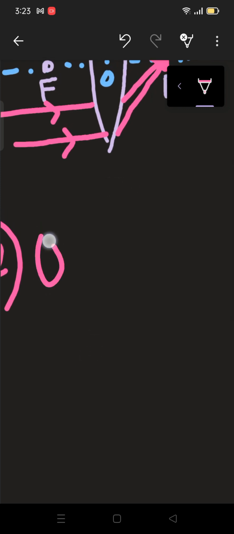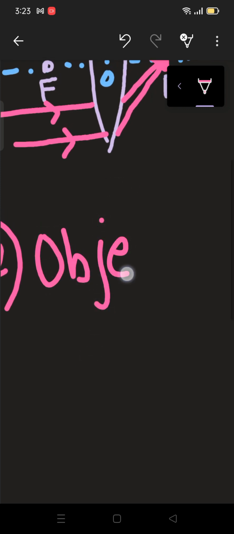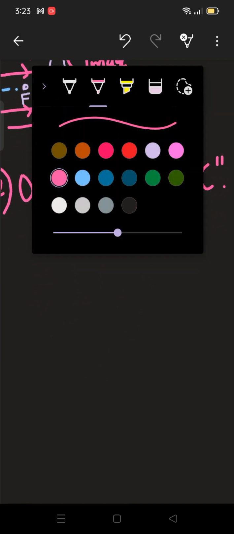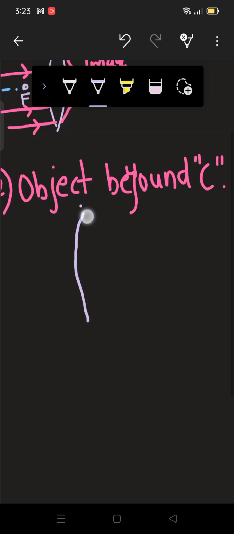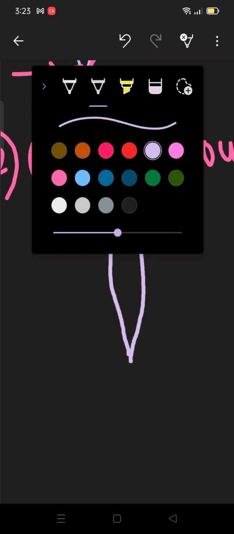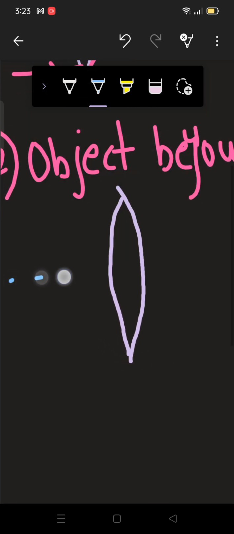When the object is beyond c, let's see what happens. So here I am making a biconvex lens. Here we have the principal axis.